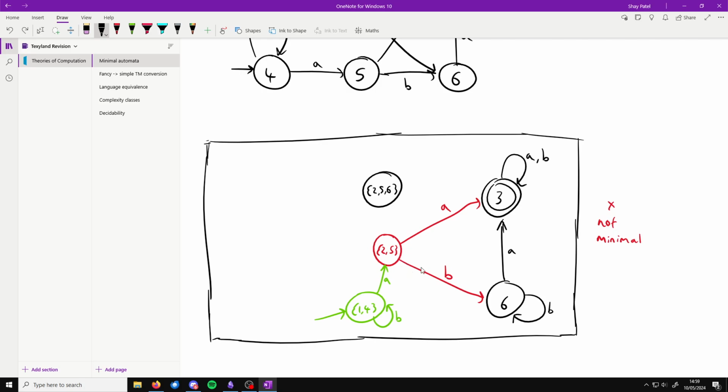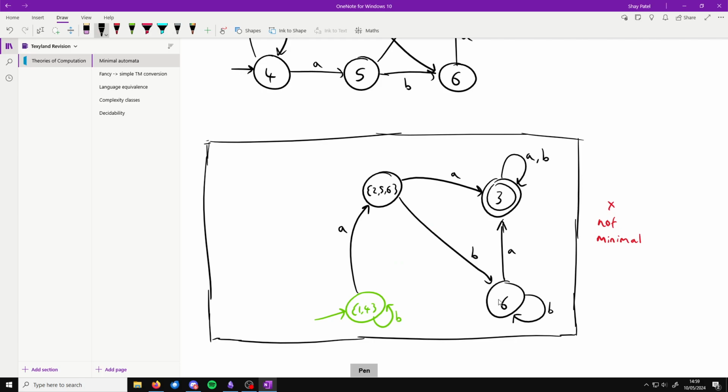So when we then merge it, we will be able to get to this new state with A. So if we have A here, and then we draw out the transitions we had from both of them previously. B takes us to 6, so B takes us here, and A takes us here. Then we can get rid of these transitions, get rid of this state here, and we're left with, oh, this B would be this arrow to 6 because 6 is in that set. So we'd have something like this.